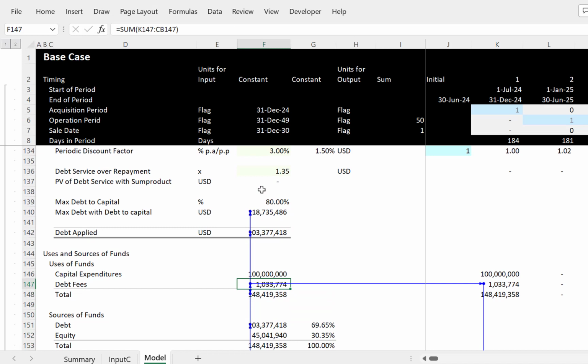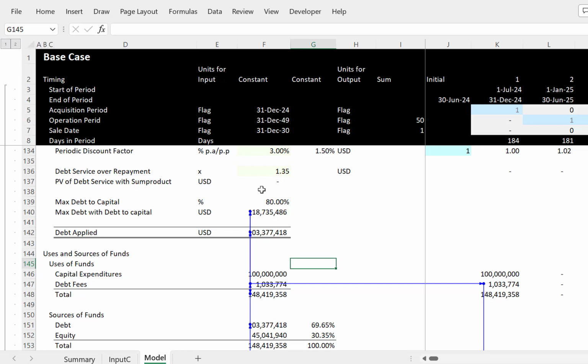Maybe I'm going to put up here, because there's a classic circular reference for the sculpting with interest with taxes, and you fix that with CFADS, and then there's a classic one for the uses of funds, and I fix that with the total.